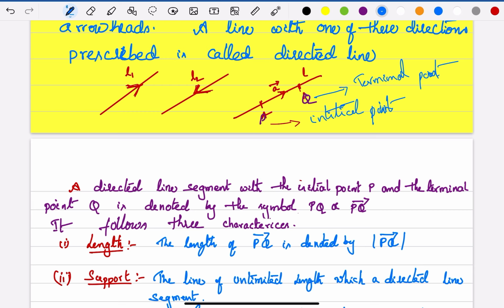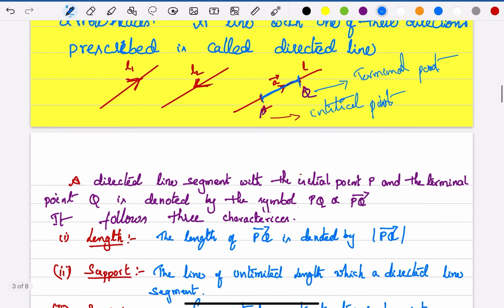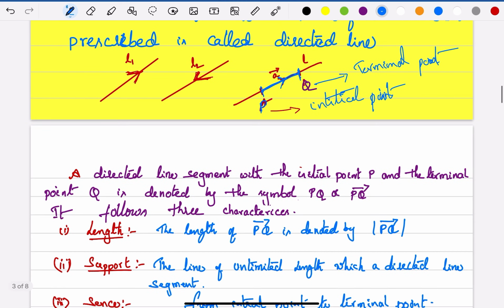This is the line segment from P to Q. The distance between the two points is the magnitude, and it comes with direction. Here it is moving from P to Q, so it is denoted by vector PQ with an arrow bar, or vector A can also be written.